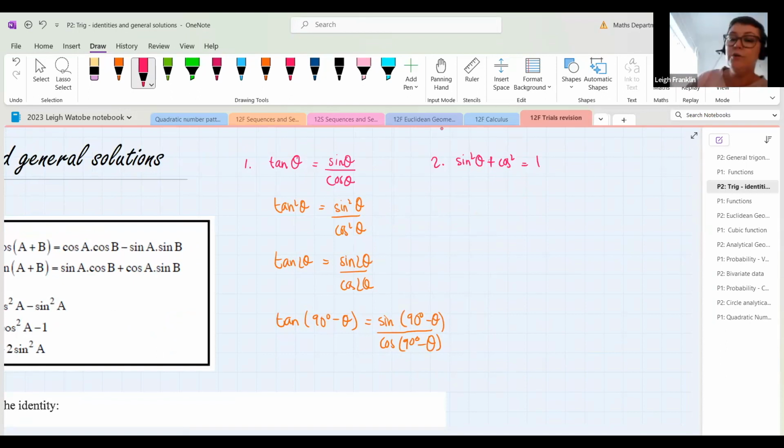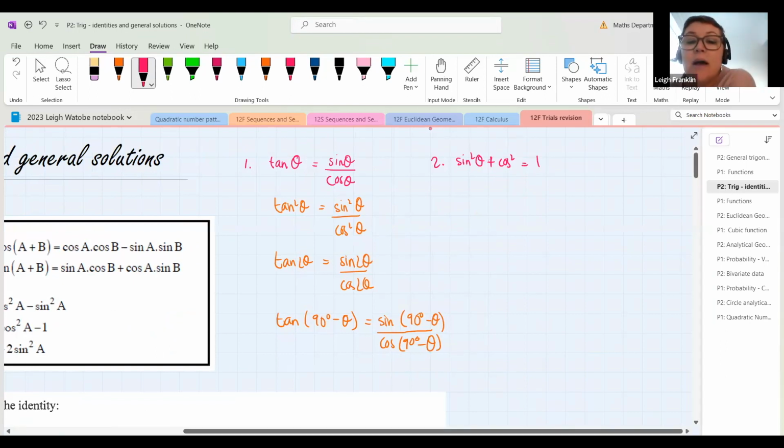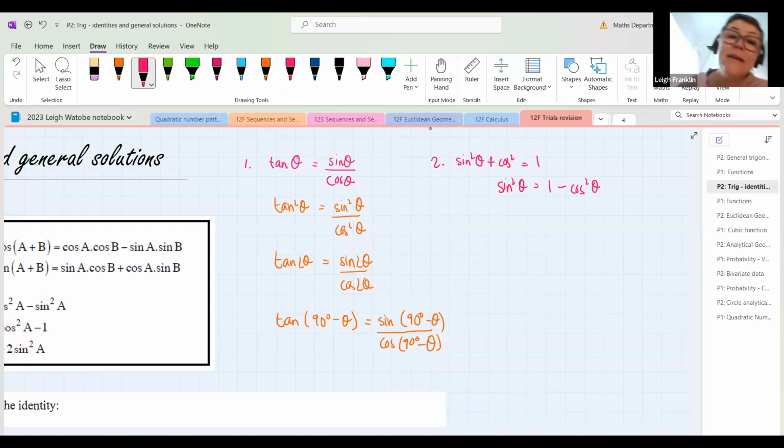And then remember, we can manipulate this a little bit further as well. So what we could do is make sine squared theta the subject of the formula, and then it would become 1 minus cos squared theta. And then if they needed us to, we could factorize what was on the right hand side here as well. Because it's a difference of 2 squares, it would factorize to 1 minus cos theta times 1 plus cos theta.